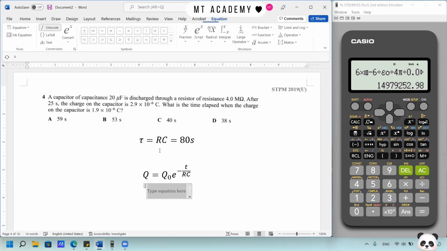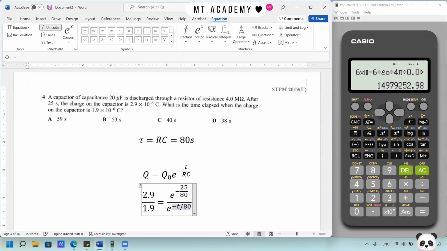So here we're going to do the ratio. So we have 2.9 over 1.9 microcoulomb equal to e to the power of negative 25 seconds over 80, divided by e to the power of negative t over 80. So this would be the equation we can build from the ratio.